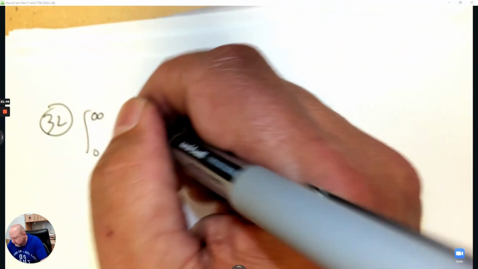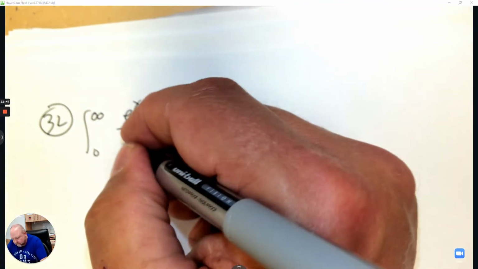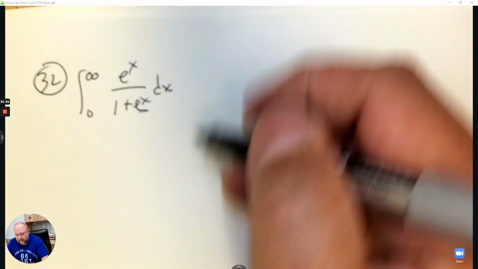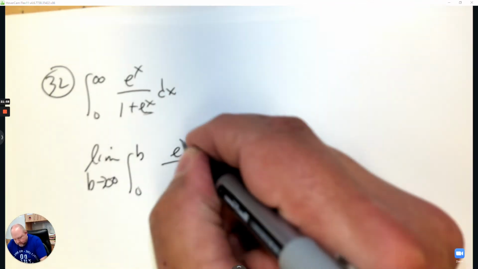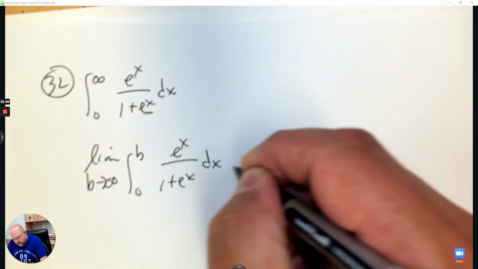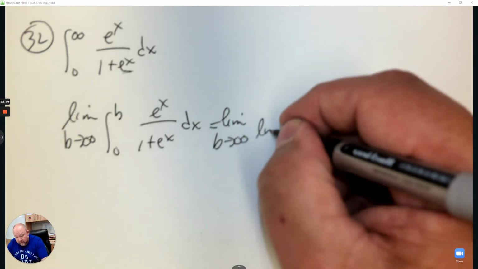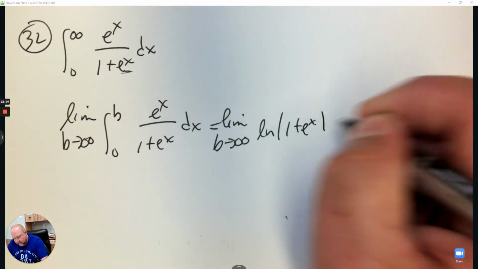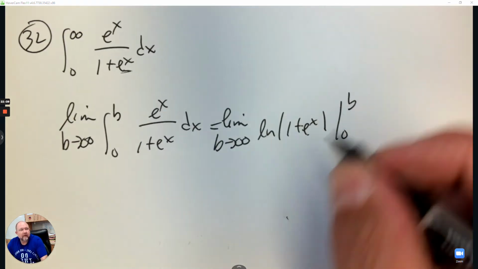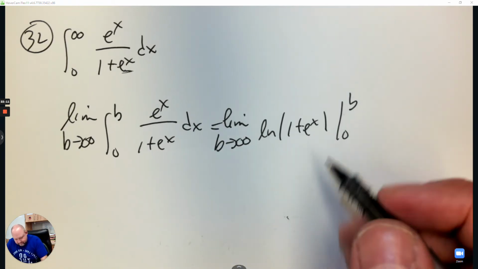32. The derivative of the bottom, so first of all, let's write this as a limit. This is a logarithm, because the derivative of the bottom matches the top.